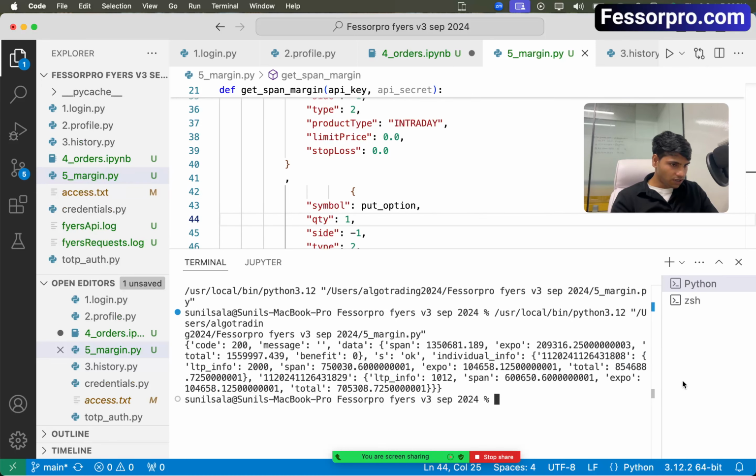So for individual, you'll see, this is for call. Call you need 15. No, wait. Total is this. So this is I think for call. This is for put. So for the first, you need 15 lakh. The second you need like 7 lakh, and total you need 7,50,000.